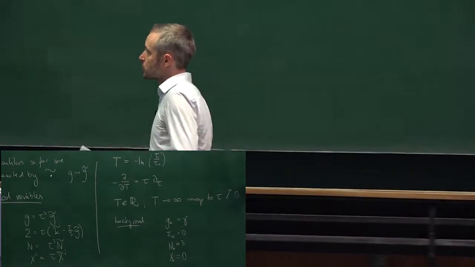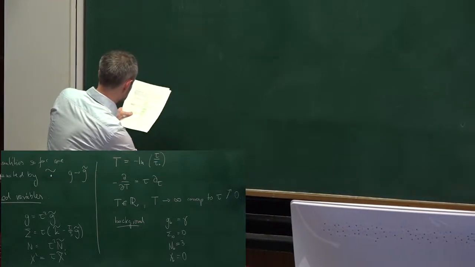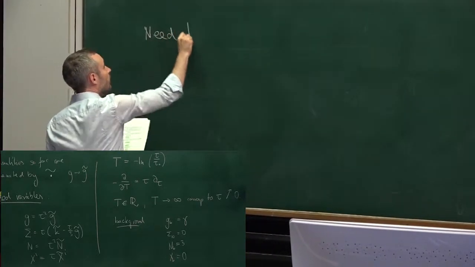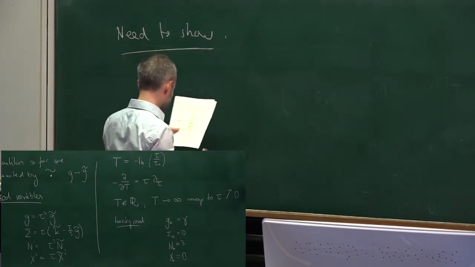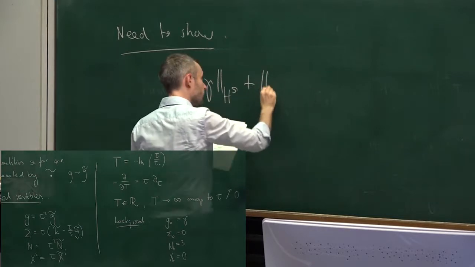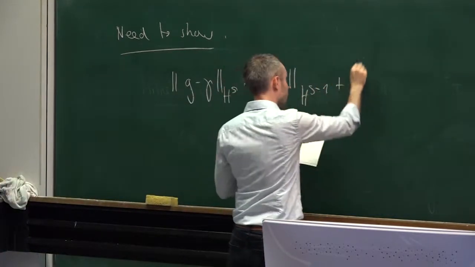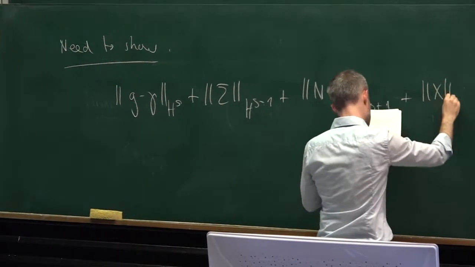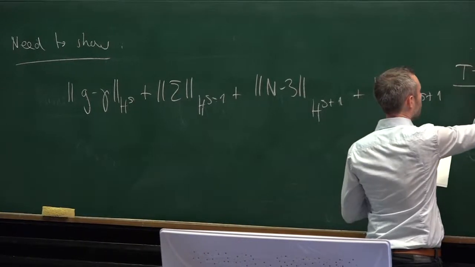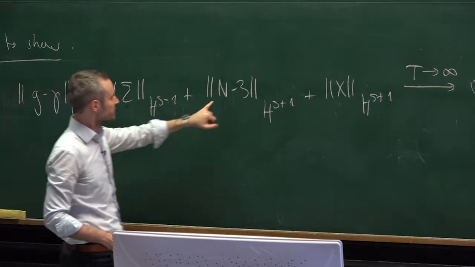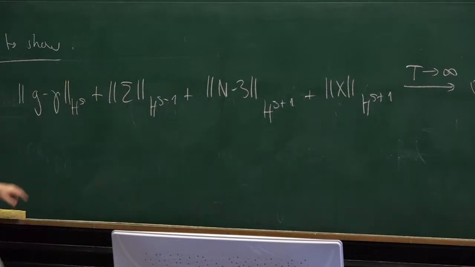Okay, and what we need to show now is that if we look at the perturbed quantities G, sigma, n, and x, and look at the difference to the background, this should go to 0 as t goes to infinity.